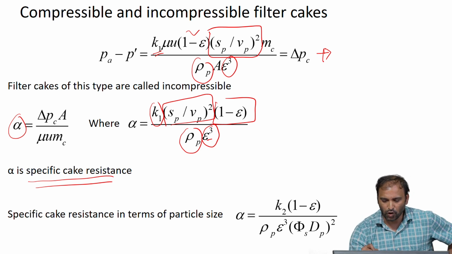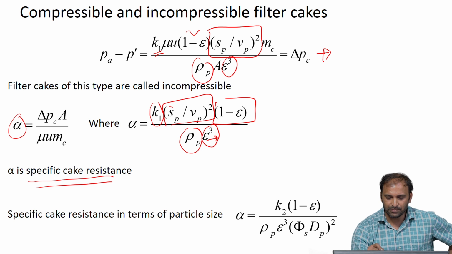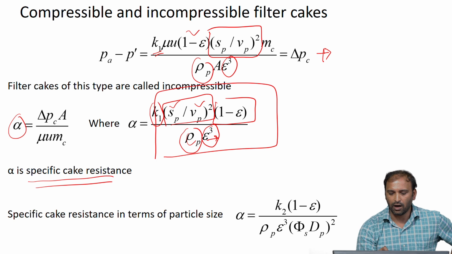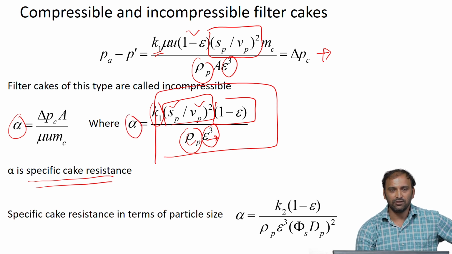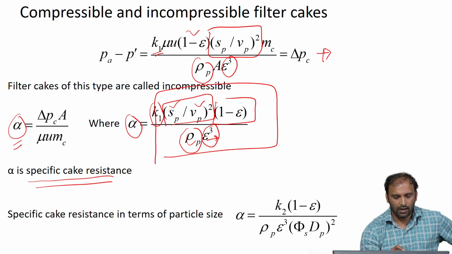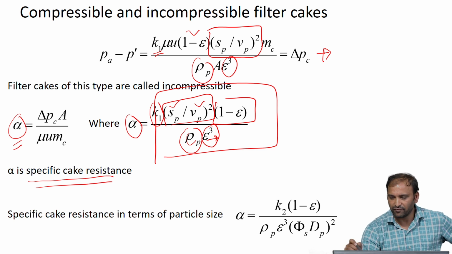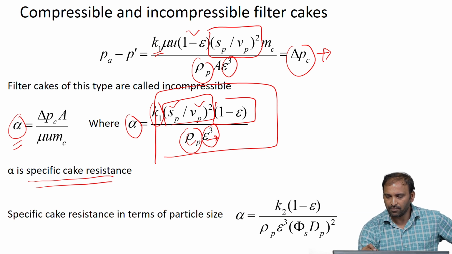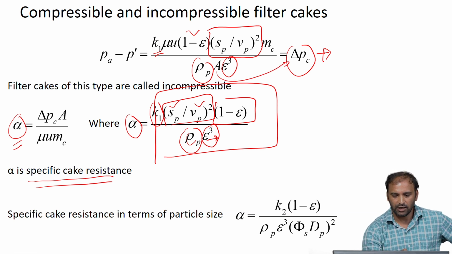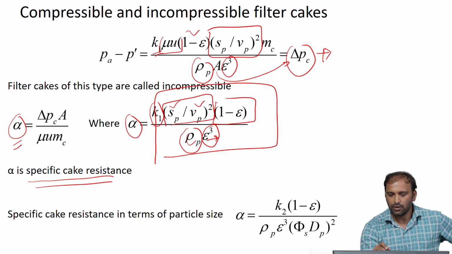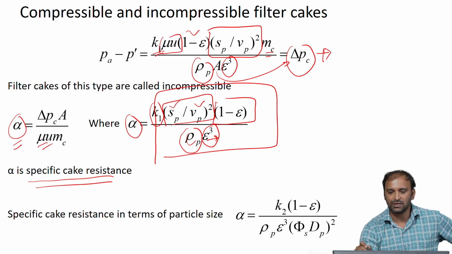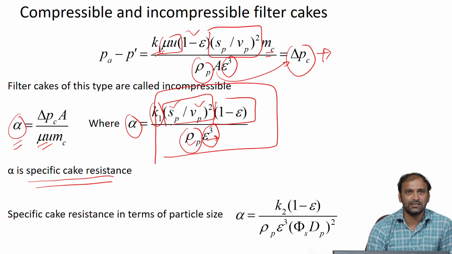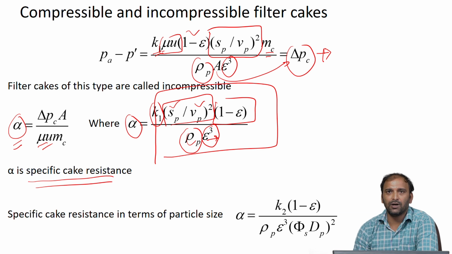So epsilon is the porosity of the bed, and Sp, Vp and rho p are the properties of the particles. So all these constants put together are clubbed together, and that's your alpha, and you're left with delta Pc there, and your A from here goes to the numerator, divided by mu u and mc.